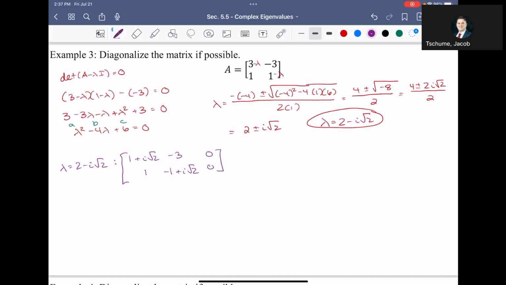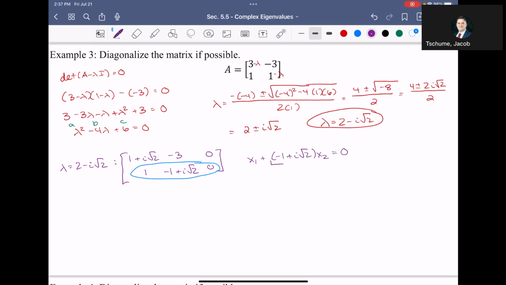Pick whichever row you want to. It looks like I'm definitely going to pick row 2 here because it has lots smaller numbers in it. And that should tell us that x sub 1 plus (-1 plus i root 2) x sub 2 should equal 0.